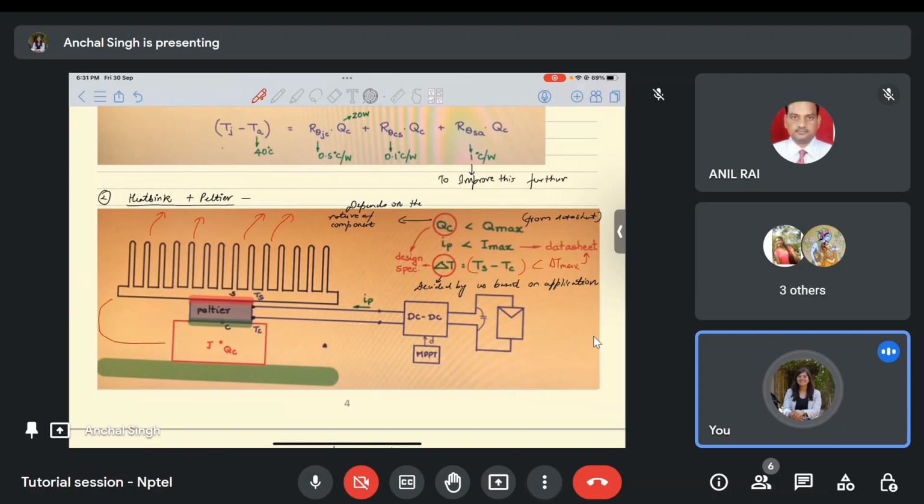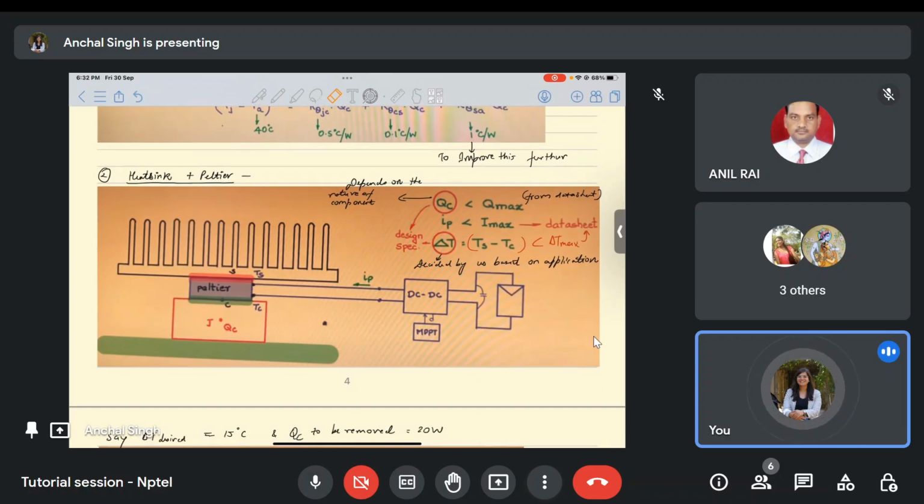Otherwise, this heat might come back to the component like this, and this will reduce the efficiency of our system because our Peltier has a limitation of operating at a delta T maximum. So, if the heat sink is not dissipating to the ambient properly, then its temperature will increase. And if its temperature increases, then the temperature of the cold junction will also increase, which will reduce the efficiency of our Peltier system.